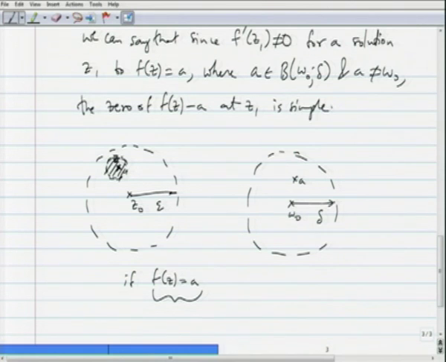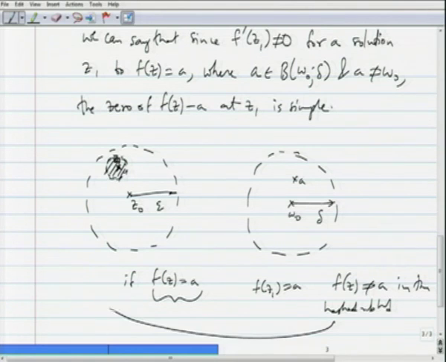Okay. So, if this is z 1, then f of z 1 is equal to a and f of z is not equal to a in the hashed neighborhood, hashed as in this picture, this pictured neighborhood.